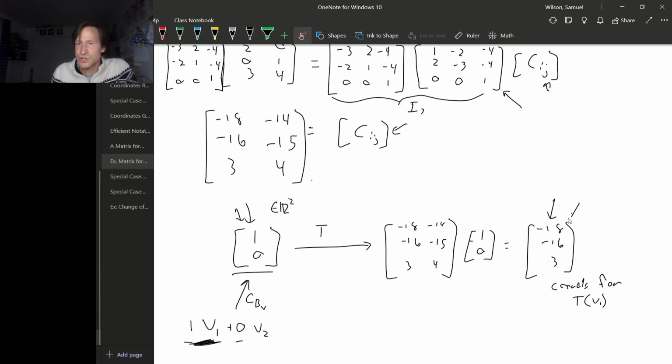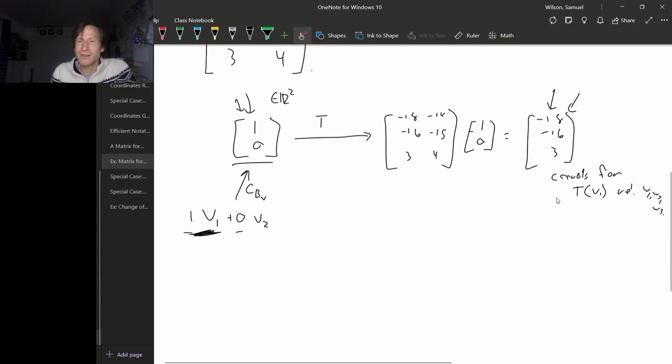So this should be the coordinates for T of V1 relative to the basis W1, W2, W3. Okay, so how could we check if that's right? Well, let's use these entries as coefficients for this basis. So minus 18 times W1, minus 16 times W2, plus 3 times W3.